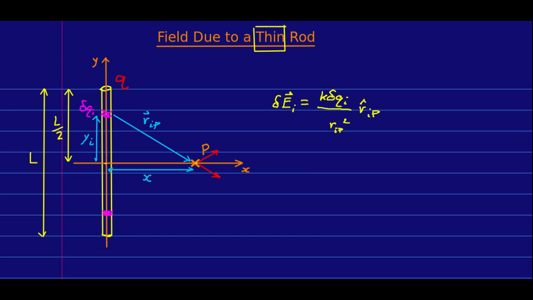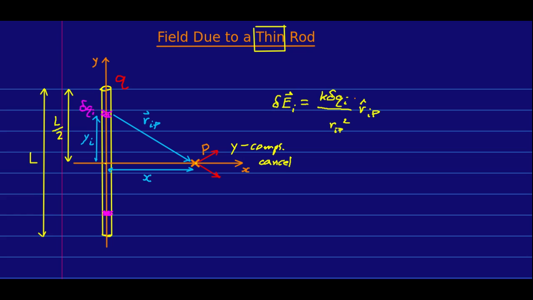And what you can see is that the y components will cancel. So we already know that the total E field is going to point straight in the x direction. All the y components are going to cancel. And so there's actually no point calculating the y components because they're all going to go away. So we might as well restrict ourselves to the x components.